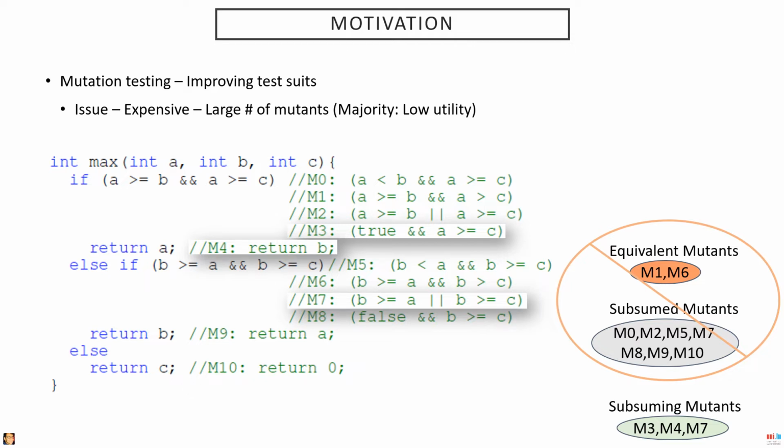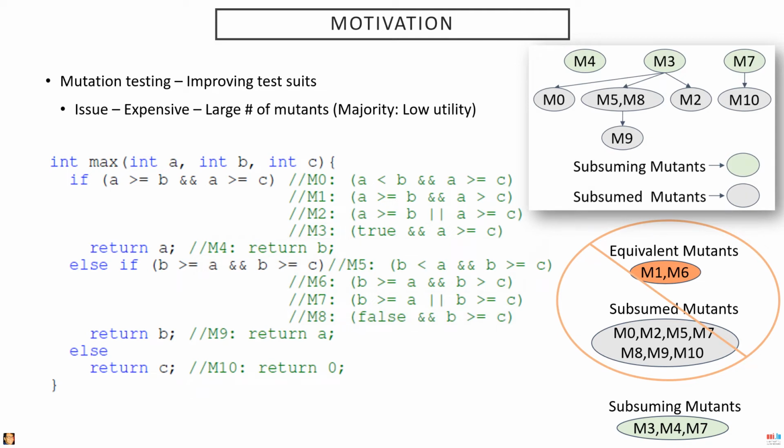And 6 are subsumed by other mutants, meaning that test suite designed to kill other mutants kill these as well. Hence, these mutants are redundant. Only 3 mutants that are M3, M4, and M7 subsume all other mutants.